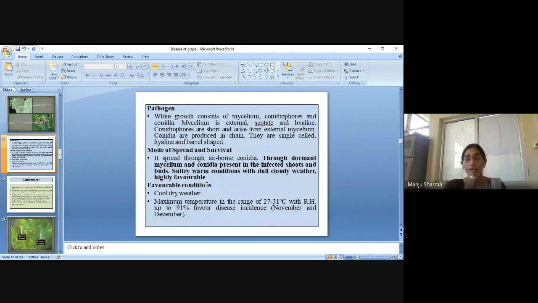Cool dry weather and maximum temperature in the range of 27 to 31 degrees centigrade with relative humidity up to 91% favor disease incidence, that is in November and December.